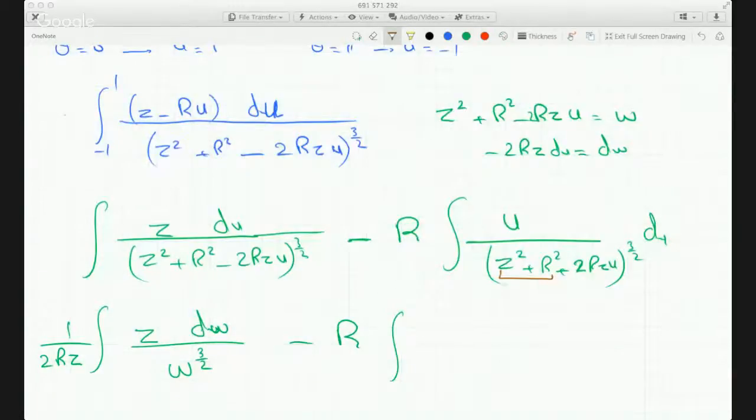This is a number, so let's call it k. And let's call 2rz c, so we don't have to keep writing them.